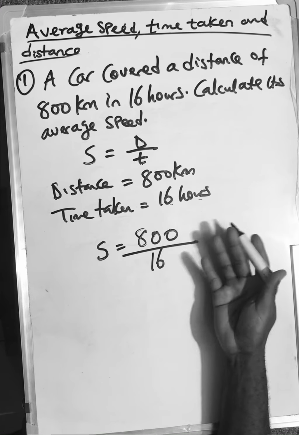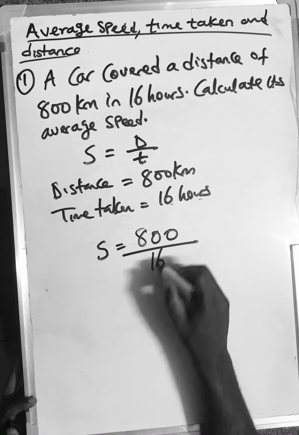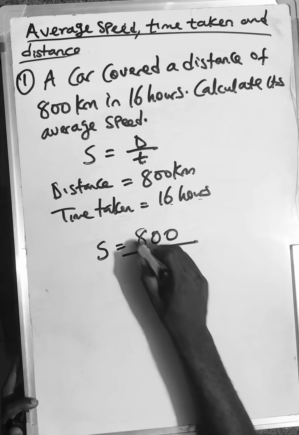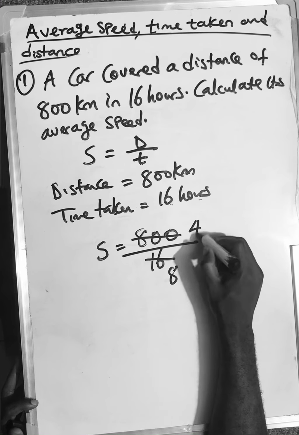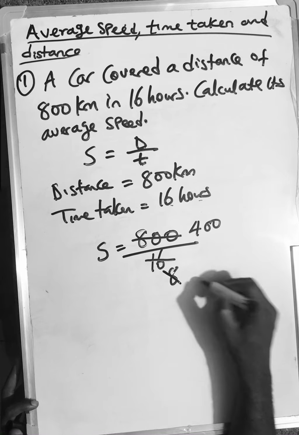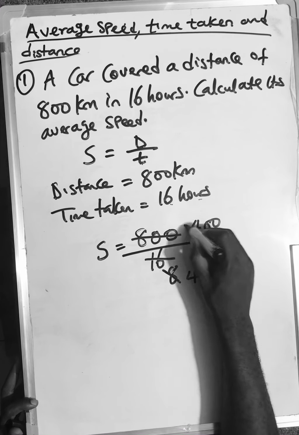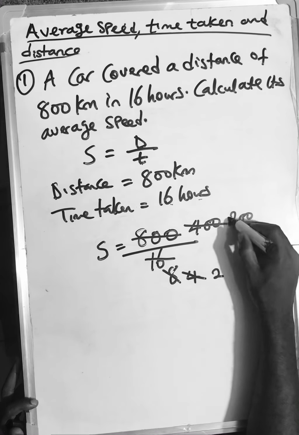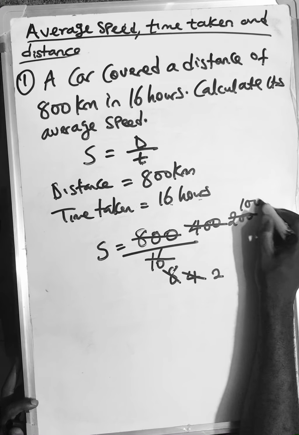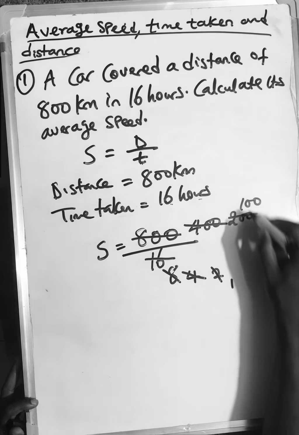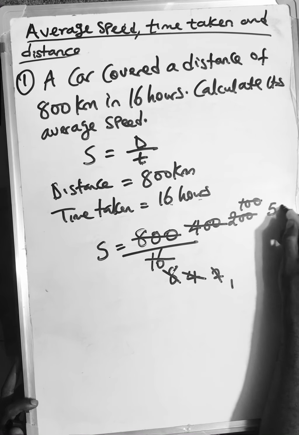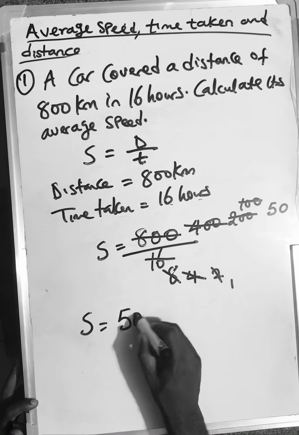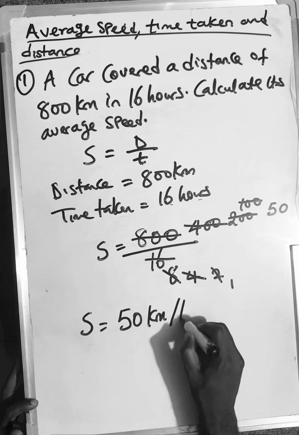We can start by reducing to lowest term. 2 divides 16 is 8. 2 divides 800, gives 400. 2 divides 8 is 4. 2 divides 400, 200. 2 divides 4 is 2. 2 divides 200 is 100. 2 divides 2 is 1. 2 divides 100 is 50. So the average speed is equals to 50 kilometers per hour.